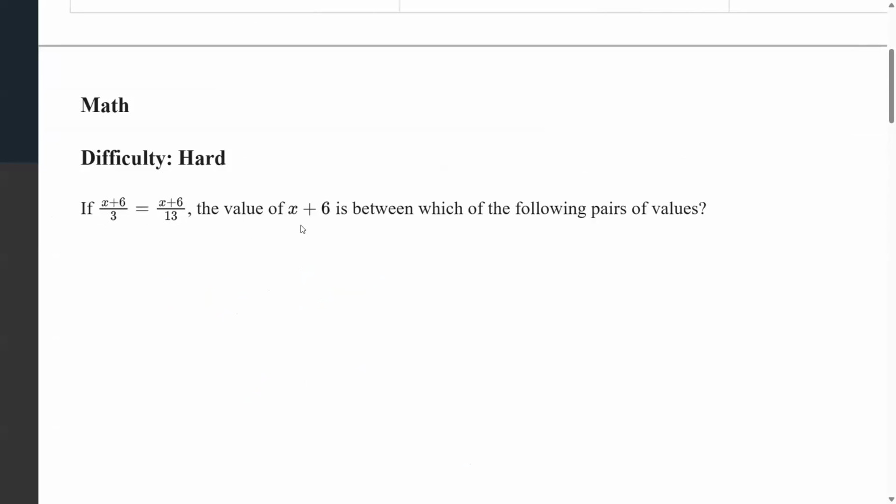What was the value of x plus 6? Hmm. I don't know, let's try x plus 6 over 3 equal to 3 with x plus 6.